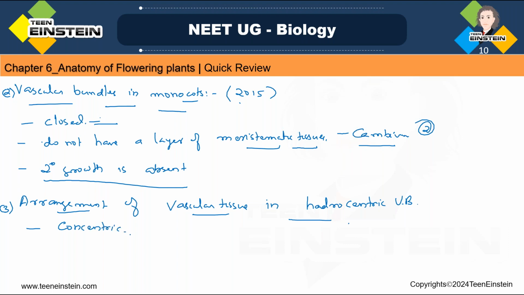In this, the two types of vascular tissues, phloem and xylem, surround each other. So the heterocentric vascular bundle is the concentric type, where phloem and xylem surround each other.